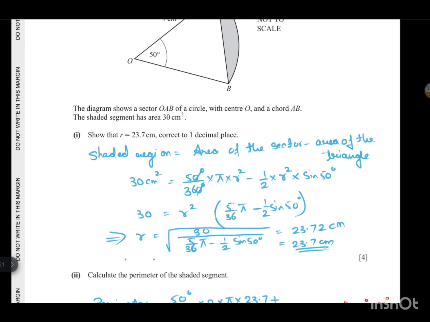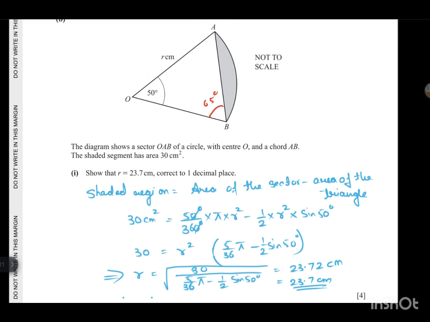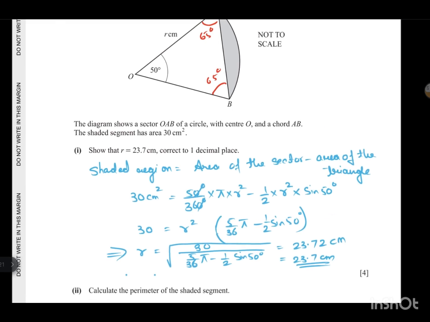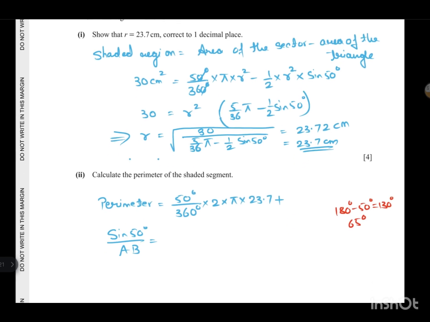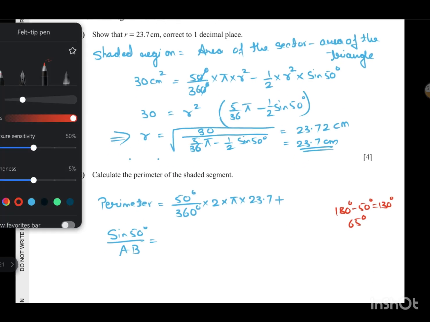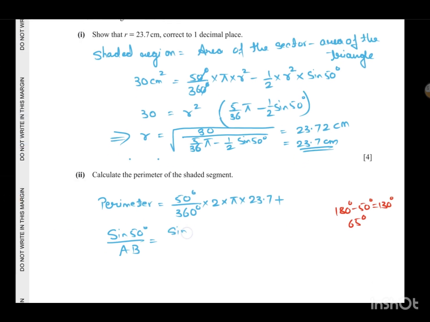So I will take sine 65 by the r value, which is 23.7.